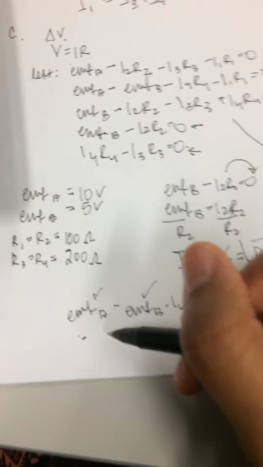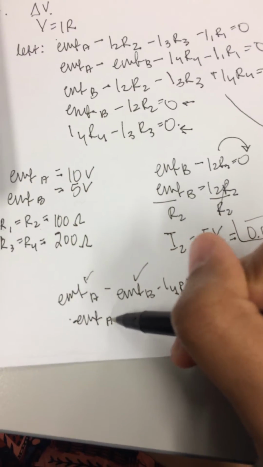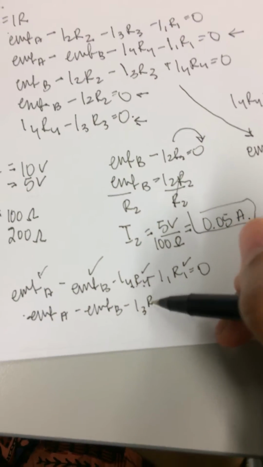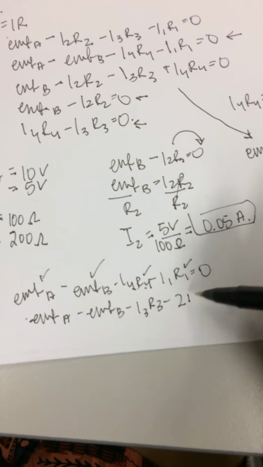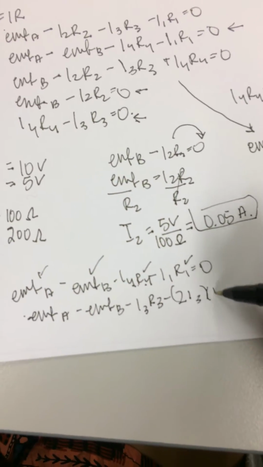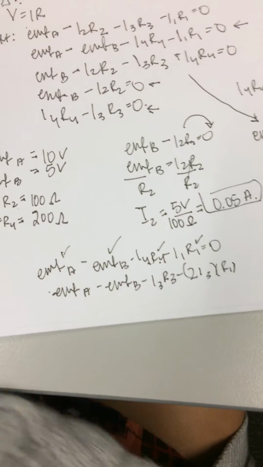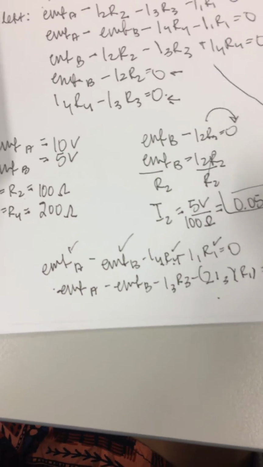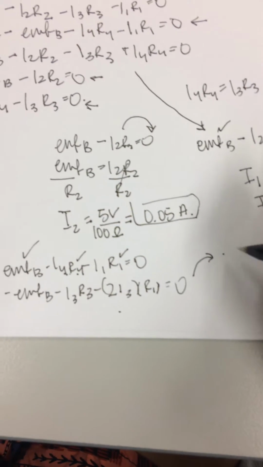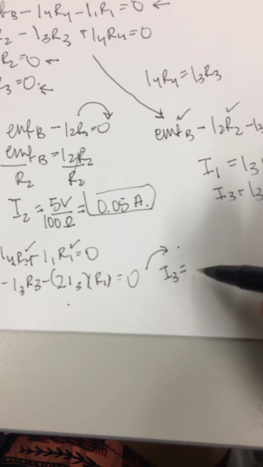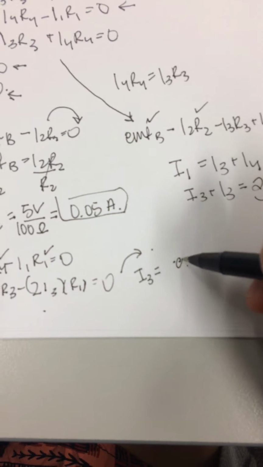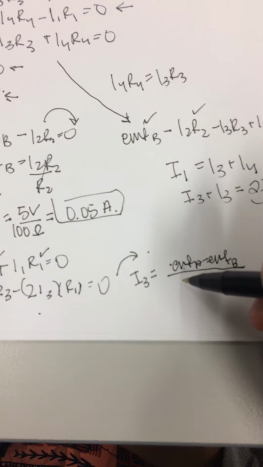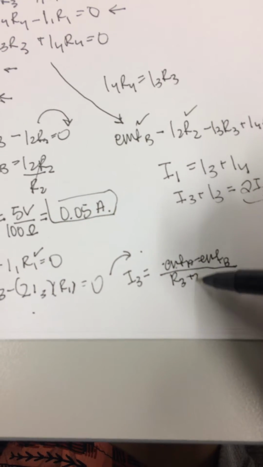Once you solve that in, it'll look like this: EMF A minus EMF B minus I3R3 minus 2I3 times R1, which we substituted in from the node rule equation, all equals 0. When you simplify that and bring everything else to the other side, you'll end up with I3 equals EMF A minus EMF B all over R3 plus 2R1.